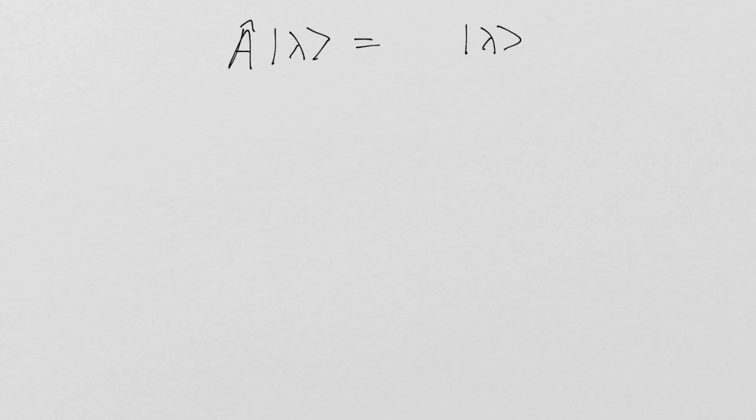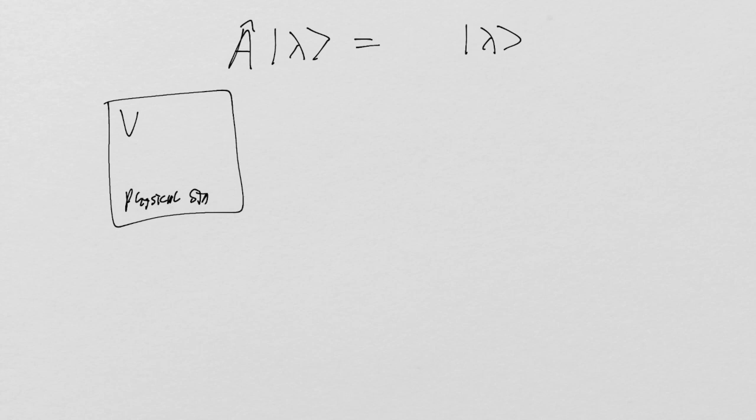Now, keep in mind that the vector space V of physical states is a complex vector space. A vector in this physical space is actually just one point in the set, one element of the set of the vector space.